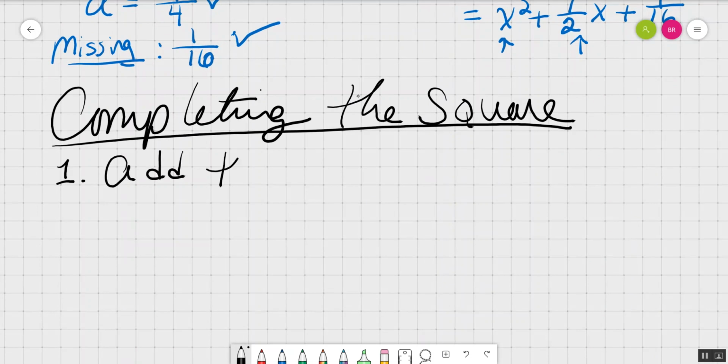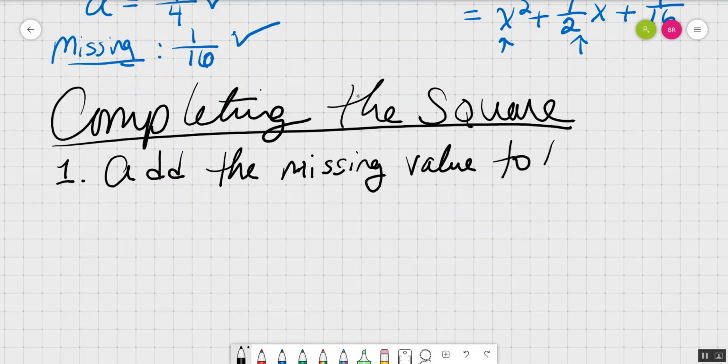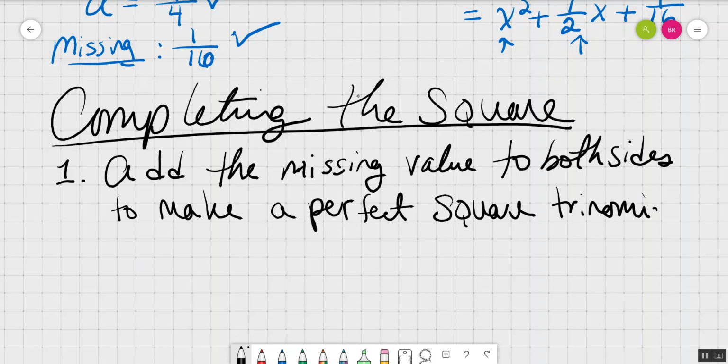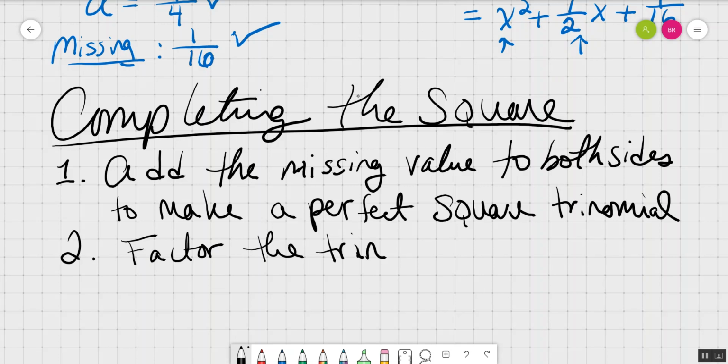Add the missing value to both sides to make a perfect square trinomial. Then we're going to factor the trinomial. And solve.